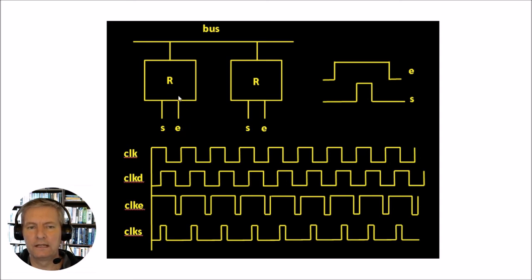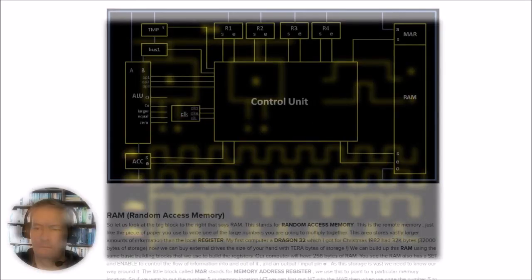So whenever the enable has now gone low, it means that this is the final part of the process. The information, number 5, has come out of here, moved along, and it's gone into this bus here, into this register here. So that's how we pass information around about the chip or the CPU in an orderly fashion by using a set and an enable clock.